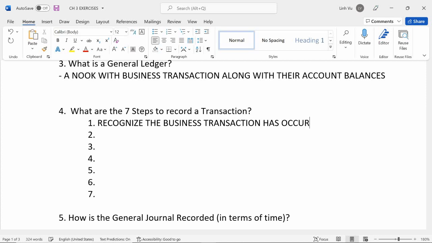Good. Yes. Okay. Number 2, what's step 2? Understand how the transaction affects the business and whether it needs to be recorded in the formal bookkeeping record.